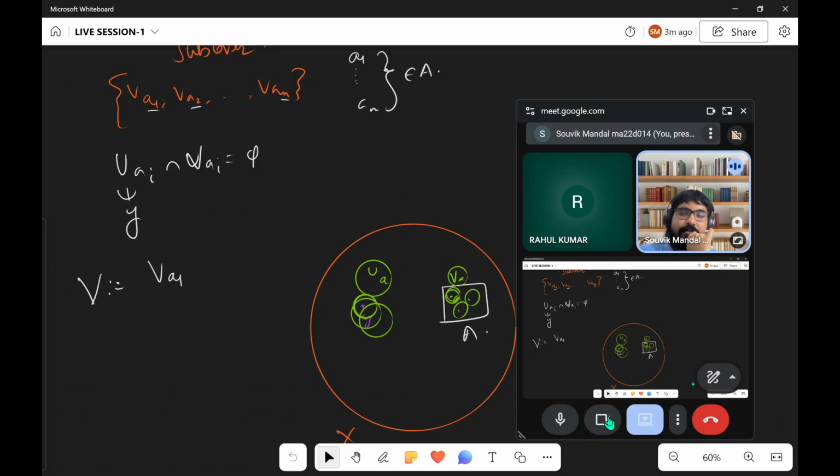Then from that case we are able to construct an open neighborhood of Y which does not intersect with A. What is that neighborhood? That's what I'm asking.